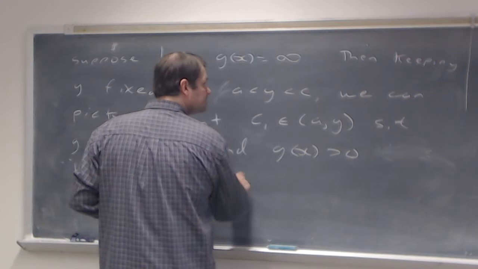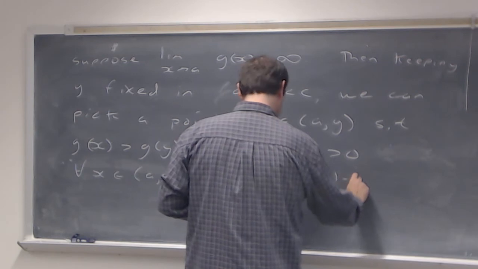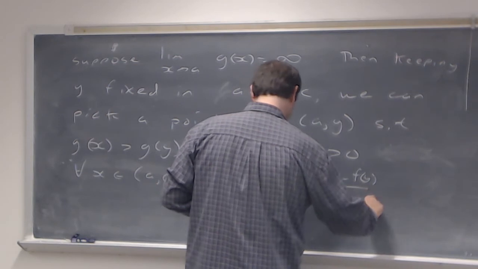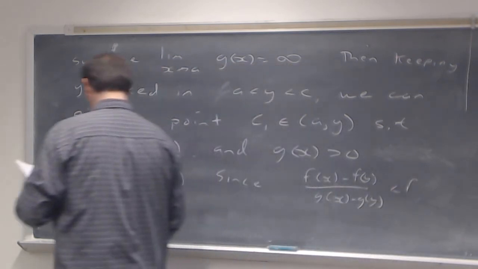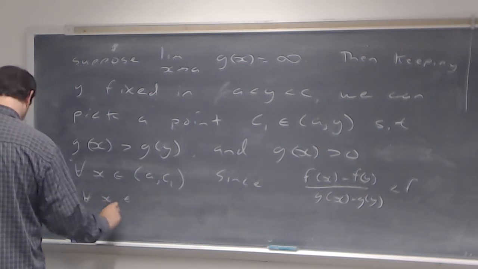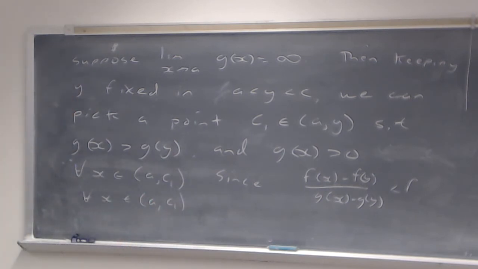Now, since f of x minus f of y over g of x minus g of y is less than r, and this is going to be true for all x an element from a to c sub 1, it's a statement that can be gotten for all x in between a and c sub 1.